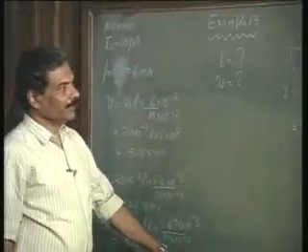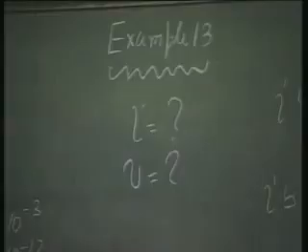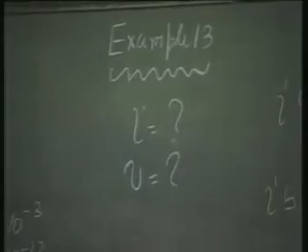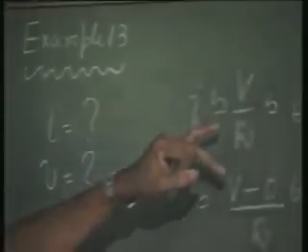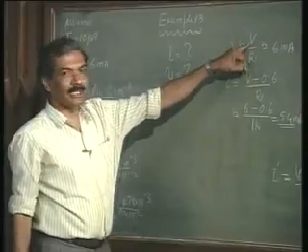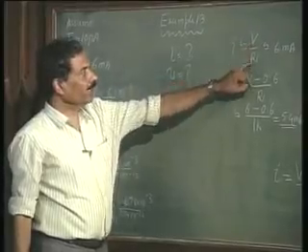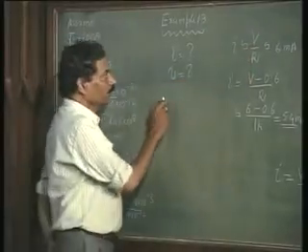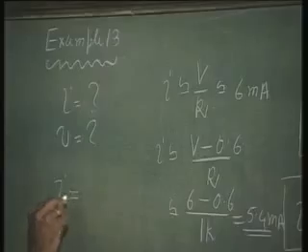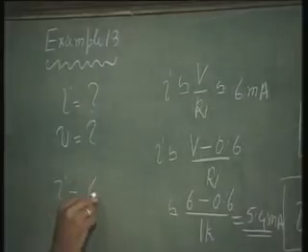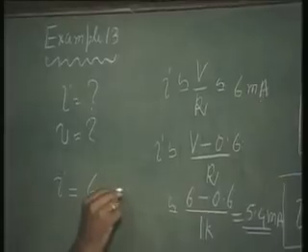So, we have seen how to proceed. Let us now repeat the thing. Approximately, the current is going to be, assuming that the diode is ideal, V by R, which is going to be 6 volts by 1 K, which is 6 milliamperes.